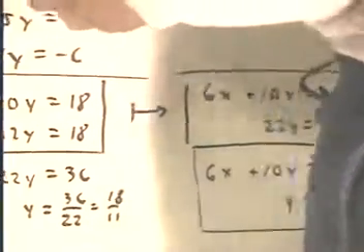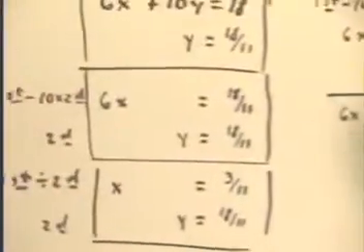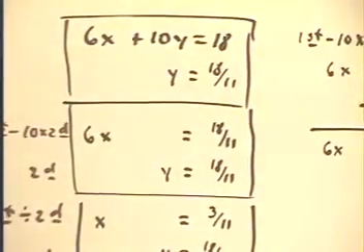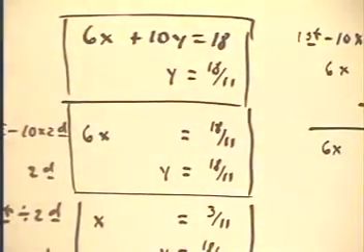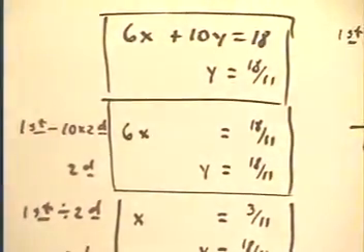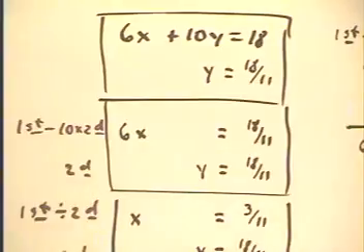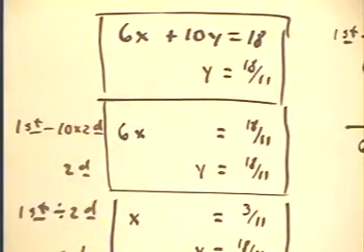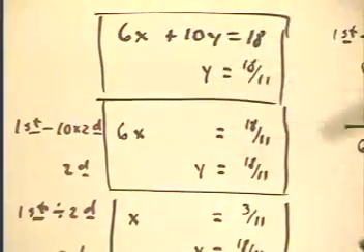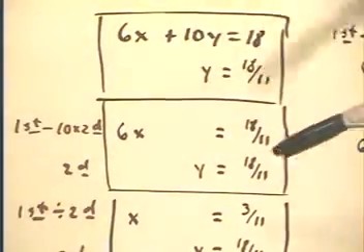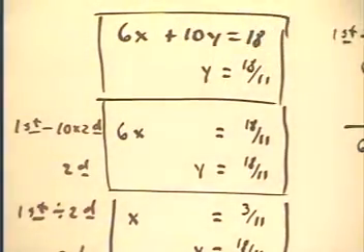Now let's see where we are. Here's the system we just wrote down in the upper left-hand corner of the picture. That system is 6x plus 10y equals 18, y equals 18/11. Now, if I add negative 10 times the second equation to the first, what do I get?